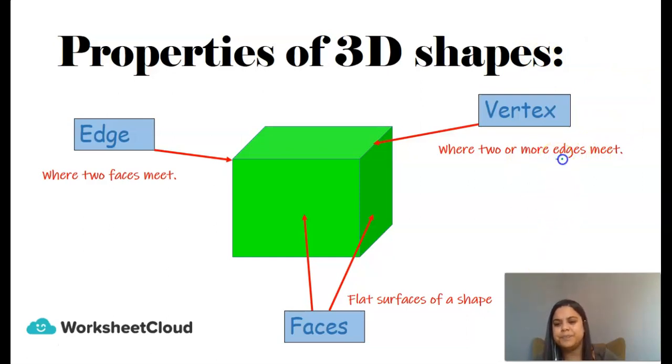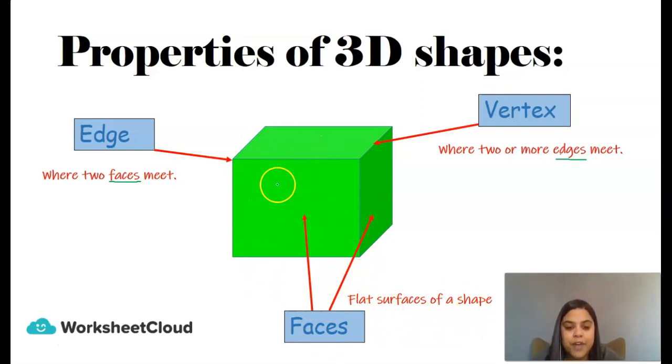Edges, okay? So we have to look at the word edge. What is an edge? Edges are where 2 faces meet. Goodness me. Now what is a face? And here at the bottom we have what faces are. Flat surfaces of a shape.